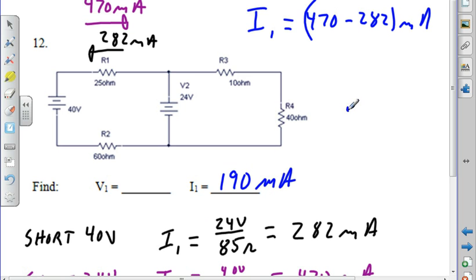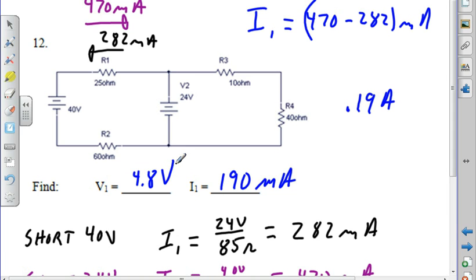Is there anything wrong with 0.19 amps? Well, that'd be a perfectly okay answer too, right? Now that I know that it's 190 milliamps, I multiply that by 25 ohms. 25 times 0.19, and I come up with 4.75, so I would round that to 4.8 volts.